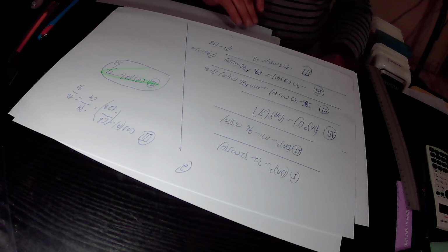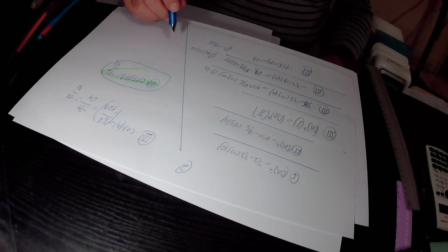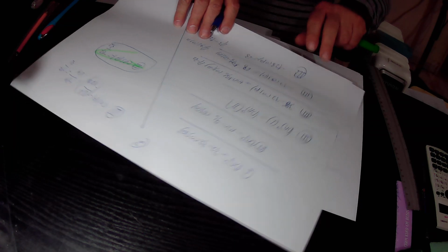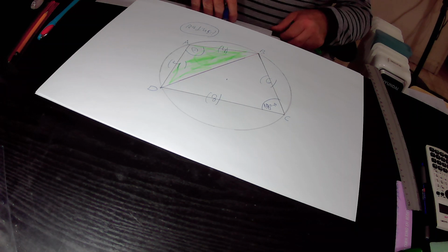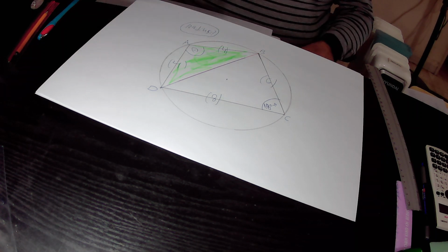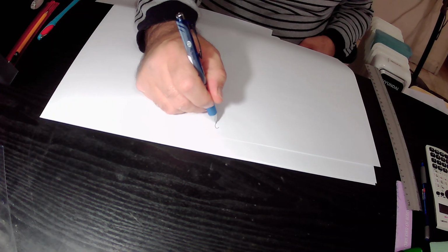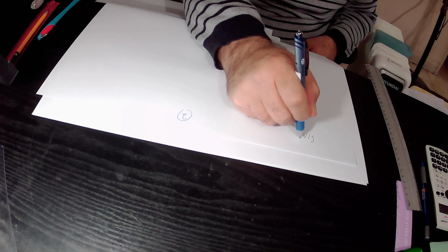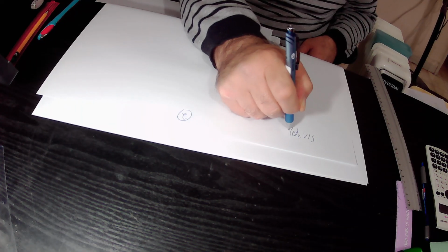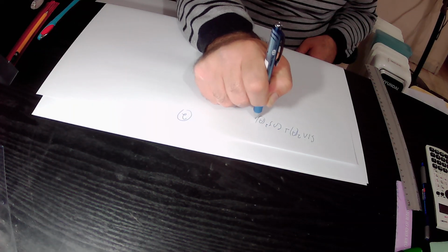So we have the trigonometric identity that says that sine square theta plus cosine square theta equals 1.